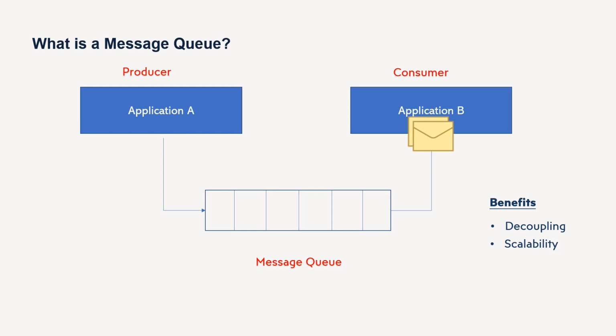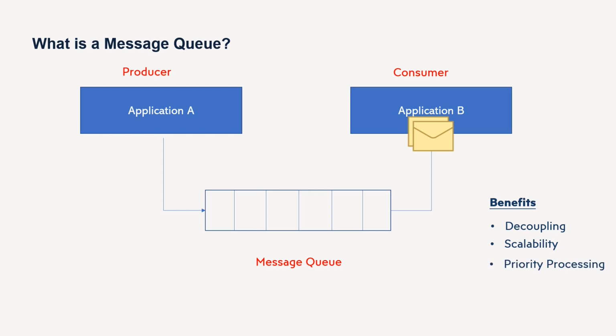So you can scale your application very easily, because all the applications and the queue can grow in their own domain. They are not dependent on each other. So scaling is a good benefit of message queues.